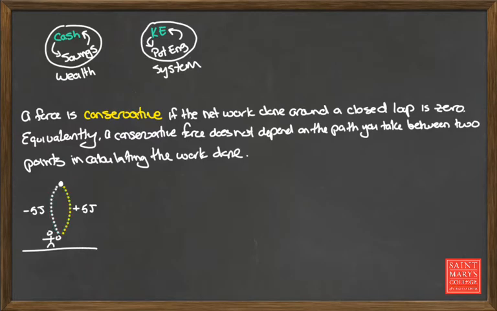Then we also saw that in the case of the ramp, that also was a case where it did plus 5 joules of work. Or when it did this thing here, it also did plus 5 joules of work.